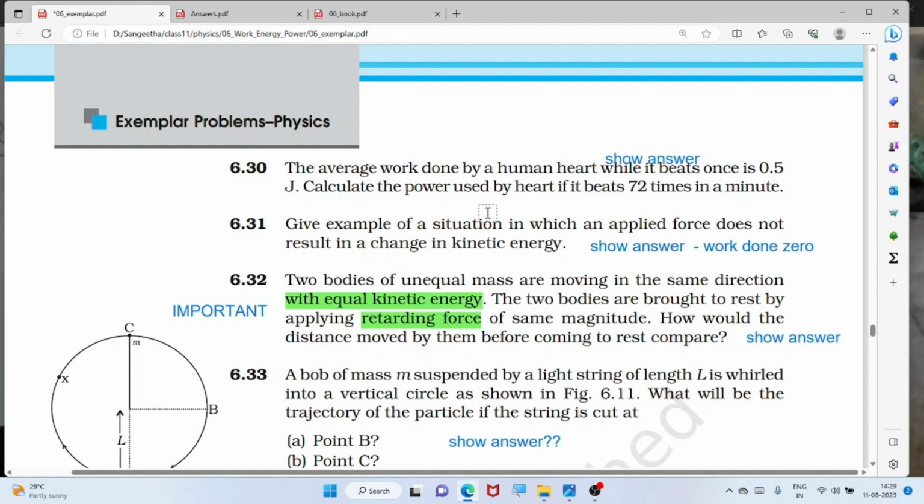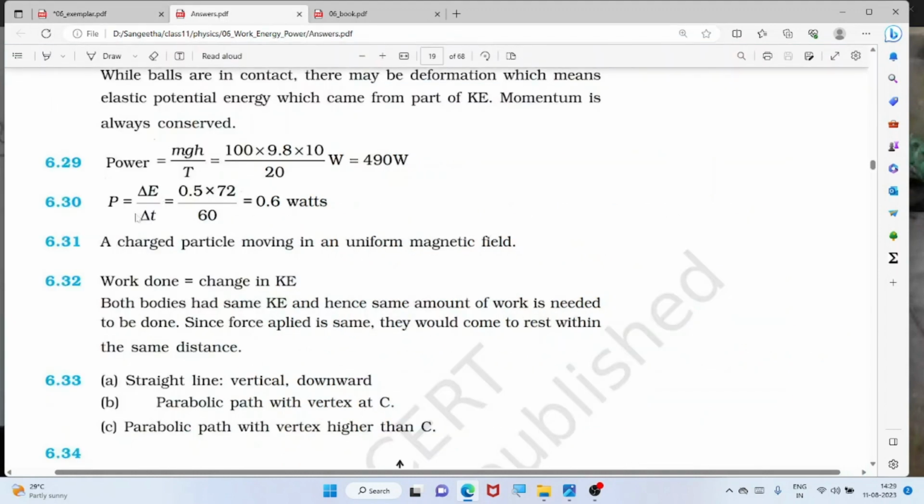Calculate the power if it beats 72 times in a minute. Per beat it is 0.5 joules, so 72 times 0.5. It is given per minute, so divide by 60, and you will get this much.